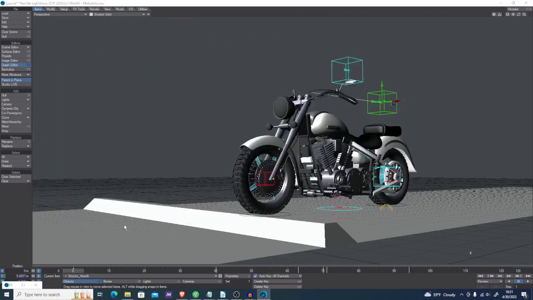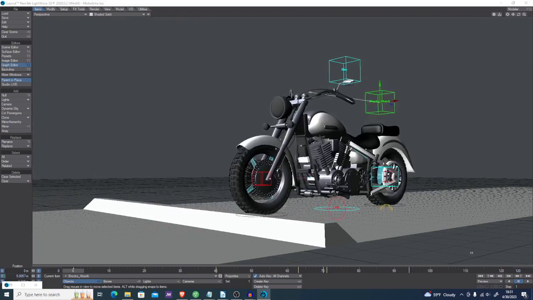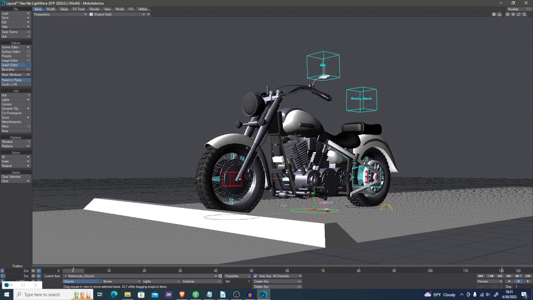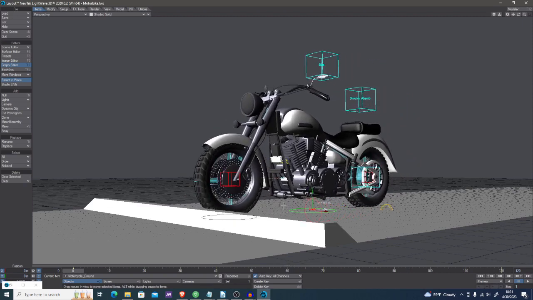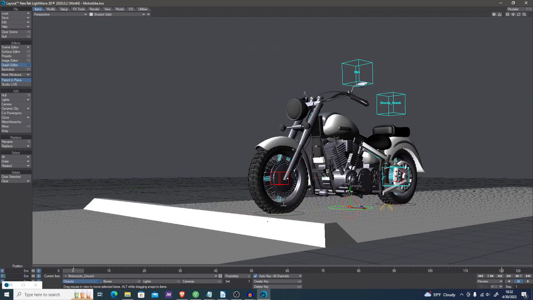So those are not keyframed at all. Those are basically running on the node here. But this is very plain. This is not polished at all.